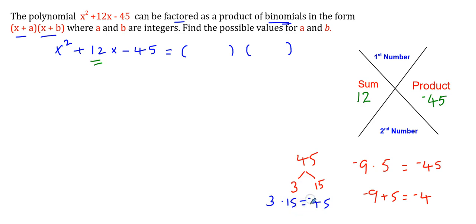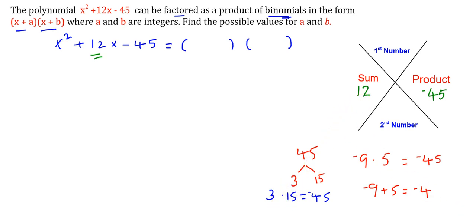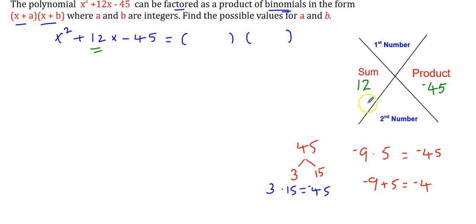You are looking for negative 45, and on adding the two numbers I should get positive 12. Therefore I prefer 15 to be positive and 3 negative.